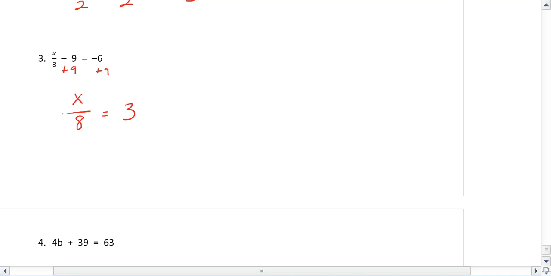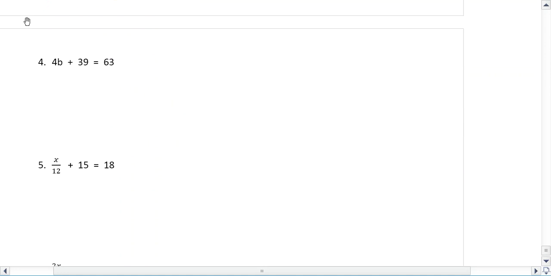Since I'm dividing by 8, I want to multiply by 8, and it may be helpful to write the 8 over 1 because we have this fraction here, and that might help us see that we're multiplying by 8 in the numerator. And on this side we're just multiplying by 8. Here, x times 8 divided by 8, you can think of it as canceling. The 8s cancel, so we are left with x equals 24.